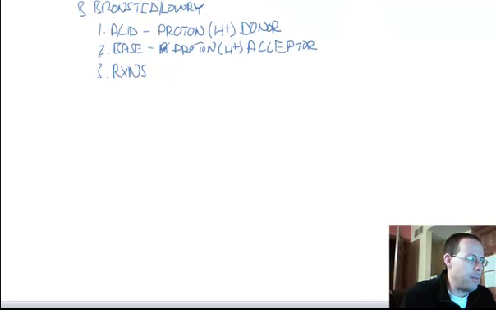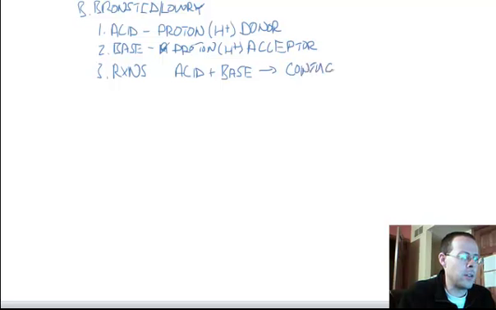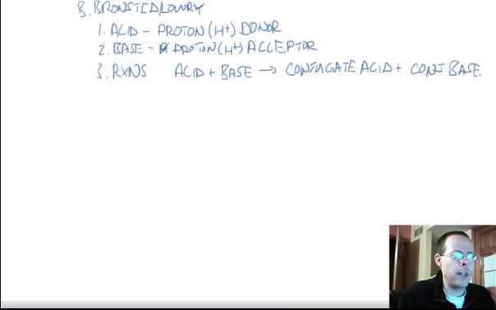But anytime we mix an acid and a base, it is true that we get a salt and water, but with these definitions we also might say that we get a conjugate acid plus a conjugate base. I'm just going to abbreviate it this time. But if we mix an acid and base, we get a conjugate acid and a conjugate base.